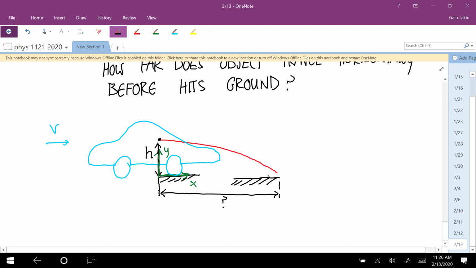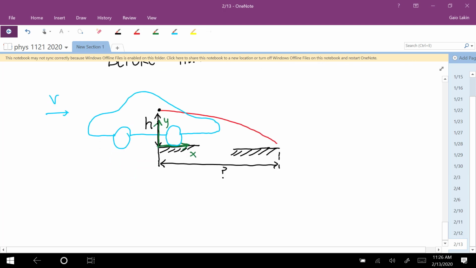So those have to be the two instants. So time equals 0 has to be the instant when it's released. Time t has to be when it hits the ground.